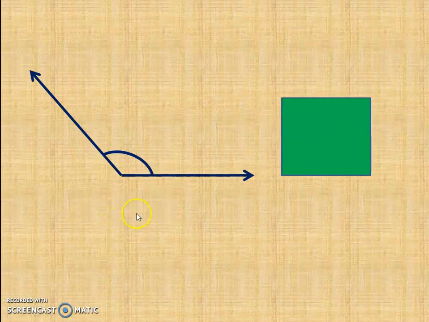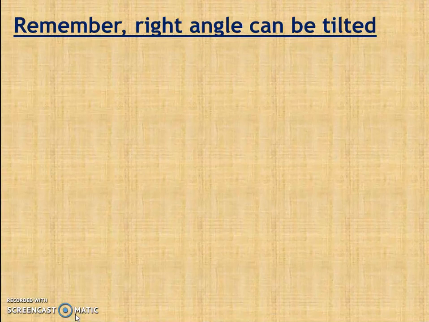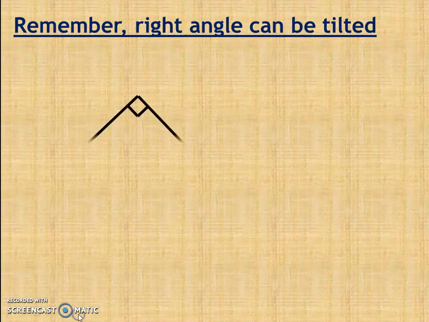So we can say if the angle is smaller than the right angle, or if the angle is larger than the right angle, it means that angle is not a right angle. Remember, a right angle can be tilted.